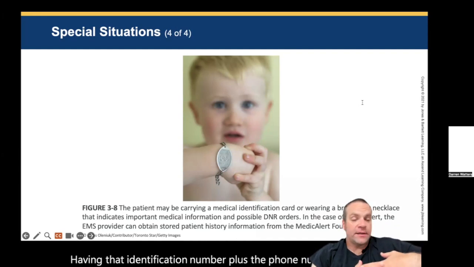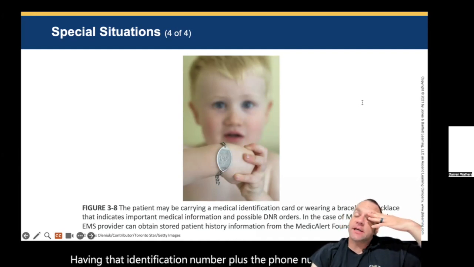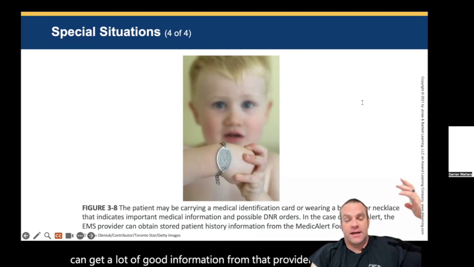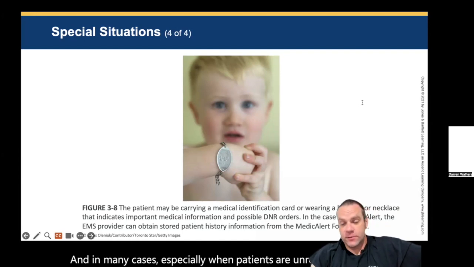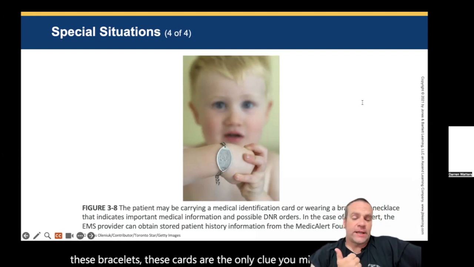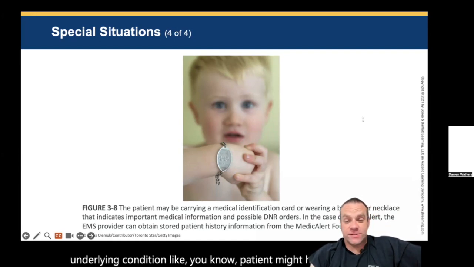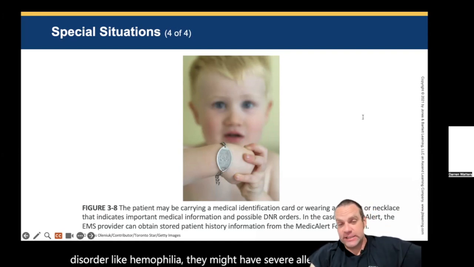And in many cases, especially when patients are unresponsive, these bracelets and cards are the only clue you might have to an underlying condition. The patient might have a bleeding disorder like hemophilia. They might have severe allergies to certain medications. They may have seizures.